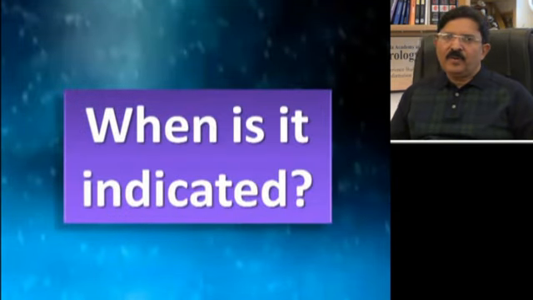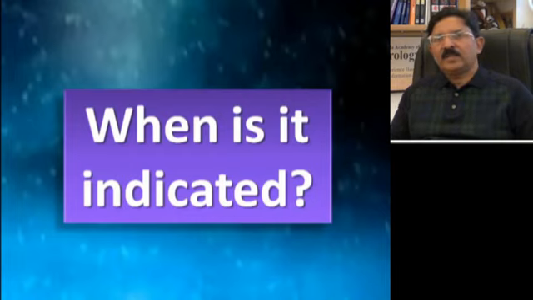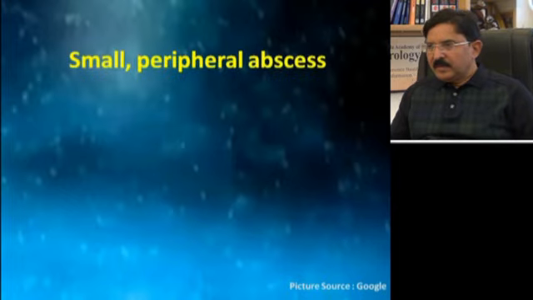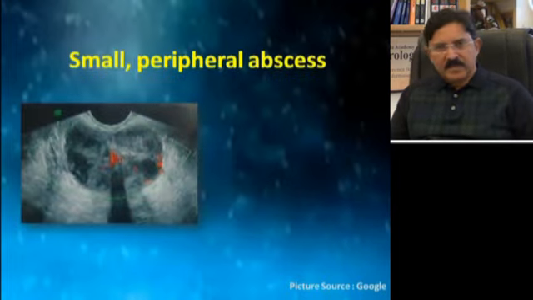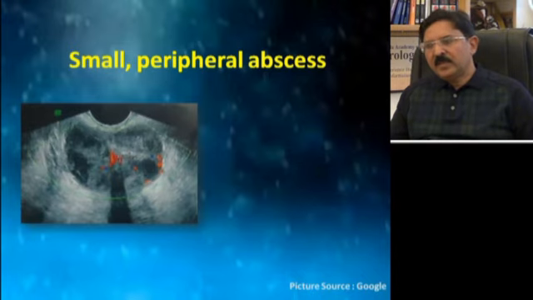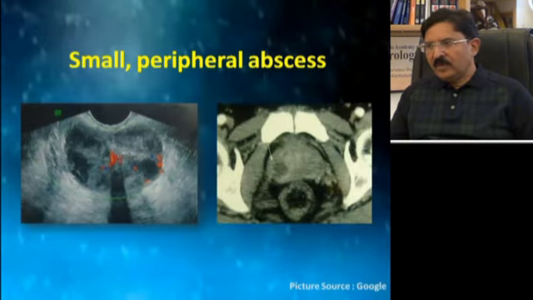Now let me first of all elaborate when transurethral resection is actually indicated. Commonly you have small peripheral abscesses that you can see on transrectal ultrasound or even on a CT scan.